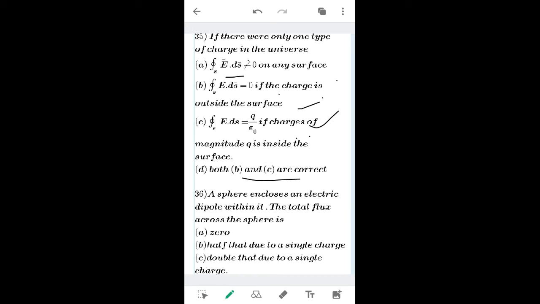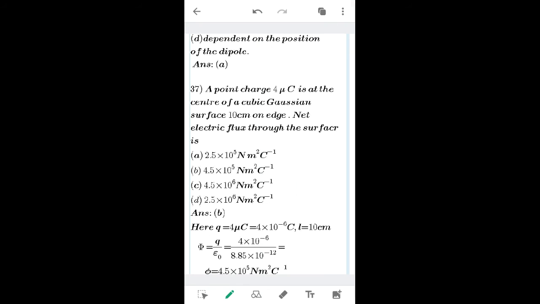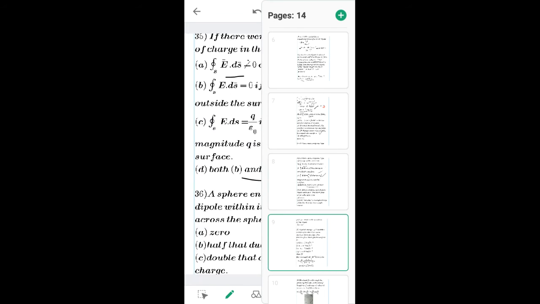Now, a sphere encloses an electric dipole within it. The total flux across the sphere is 0, half that due to a single charge, double that due to a single charge, or dependent on the position of the dipole. What is the question?